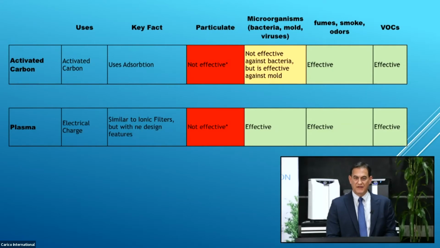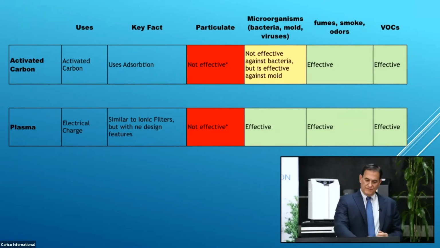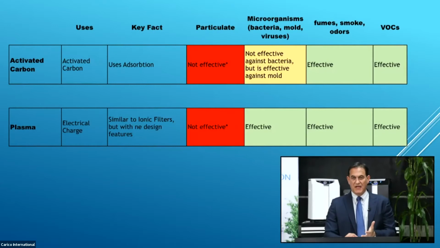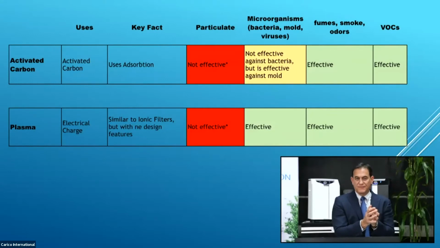Okay? So what we've done so far is we've talked about things that are filters: the activated carbon, HEPA, the plasma, the electrostatic filter, the UV light, and the ionic filter or ionizers. Those all capture something.